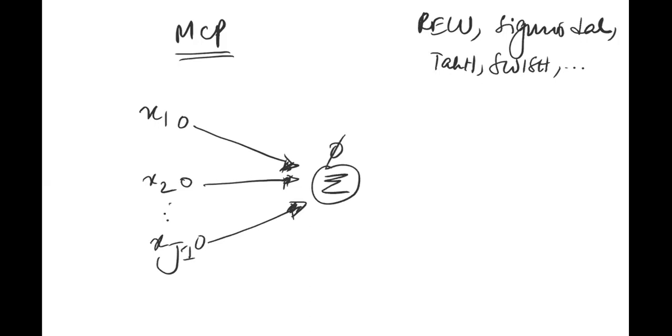This is your activation function, essentially. And then you have your output. So basically what you're seeing here, the output of the neuron is given by this. That's your output.